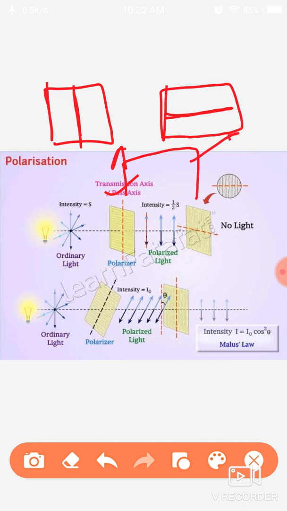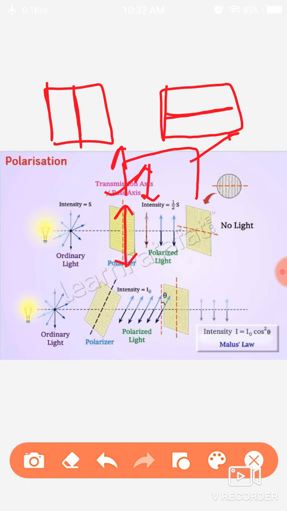Between the polarizer and analyzer, the vibration of the electric field exists only in a single direction, which is the same as the direction of the slit.